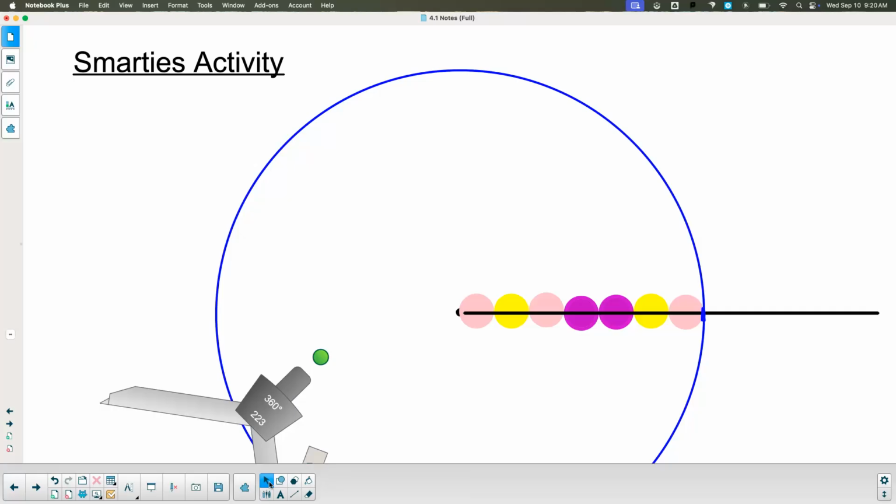So you should have a circle on your paper now with the radius of your Smarties.